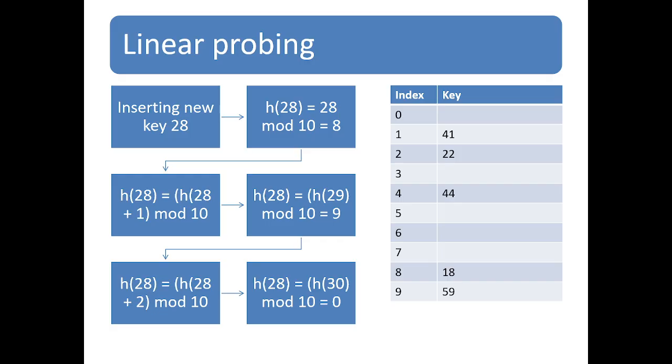So it will be 28, you add 1 to it and mod it, which will give you 29 mod 10, which is 9. But index 9 is already occupied. So you do the same step again, but you add 2. Once you add 2, you get 30. So 30 mod 10 is 0. So you will add 28 into index 0.